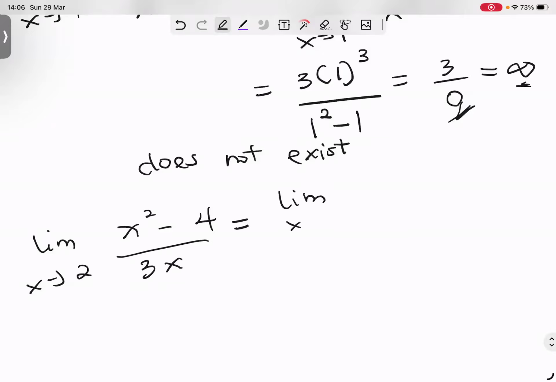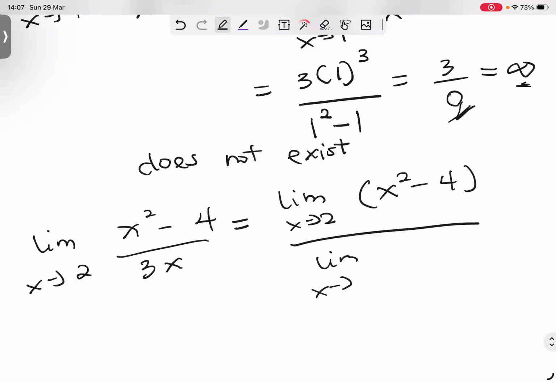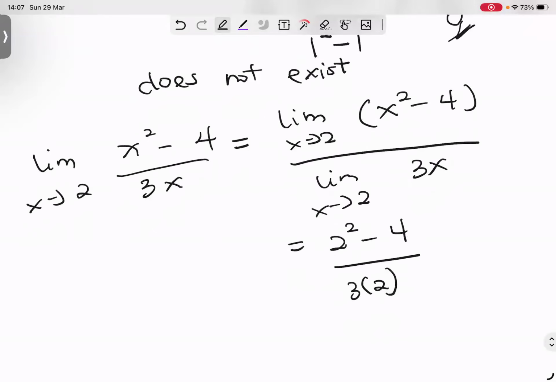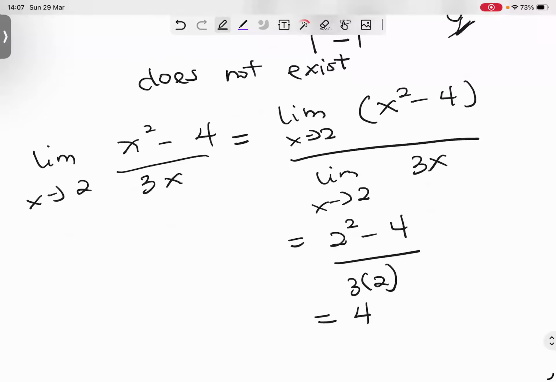This is limit as x approaches 2 of the numerator, x squared minus 4, divided by limit as x approaches 2 of the denominator, 3x. And this will be equal to 2 squared minus 4 over 3 times 2. And this is 4 minus 4 over 6, which is 0 over 6.